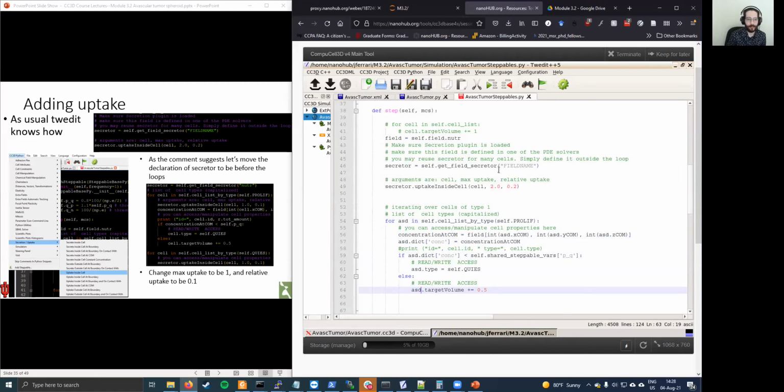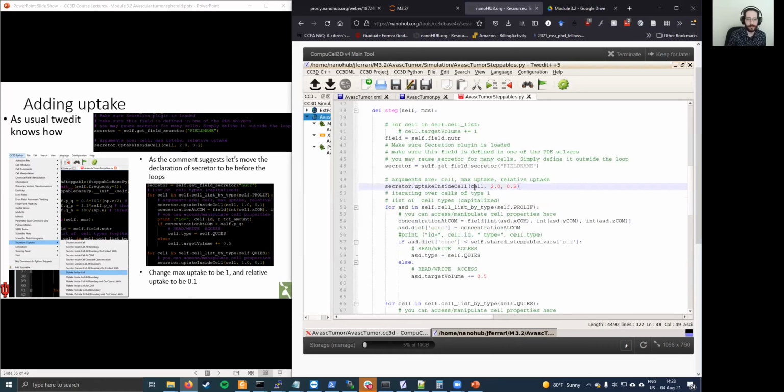And so what I'm going to do is have the secretor function be inside of the loop over the cells that we want to do. But I actually need to specify what field I am talking about. And the field is nutrient, which I called NUTR.